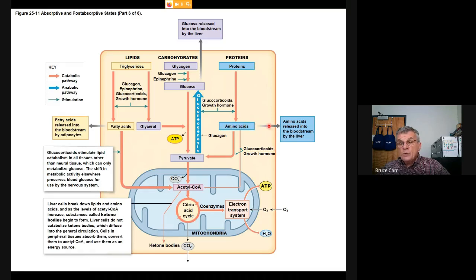Amino acids can be released into the bloodstream by the liver. Protein breakdown in the liver does monitor the level of those amino acids. 11 we can make and 9 that have to be there in diet. So if cells are making a certain amino acid, but they're needed throughout the body, then that release and retransport occurs.